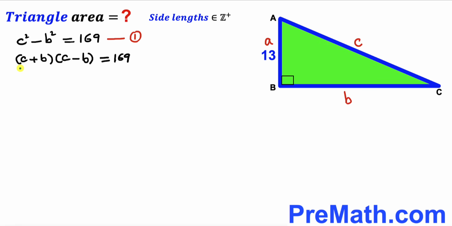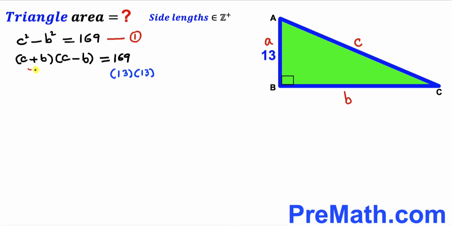Now let's make an observation. We can see we got the product of two factors on the left hand side, so we are going to break this 169 into the product of two factors as well. The first option could be 13 times 13, isn't it?